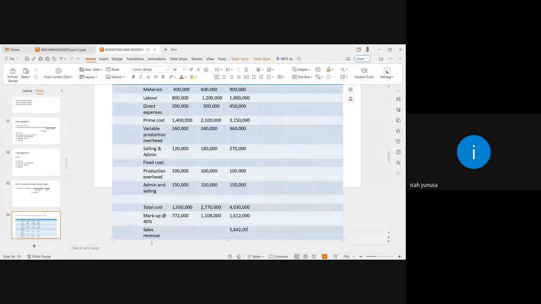At 60%, 3,878,000, and at 40%, 2,702,000. This is the part A. Hope this is interesting, right?